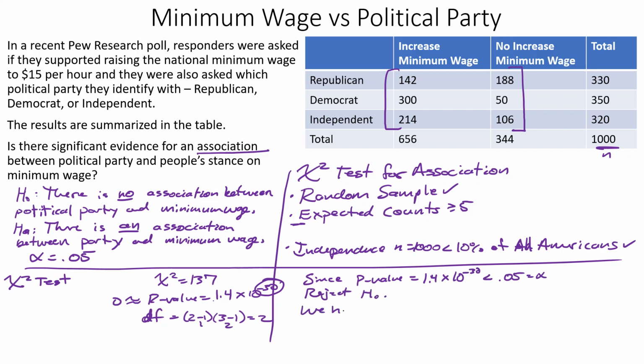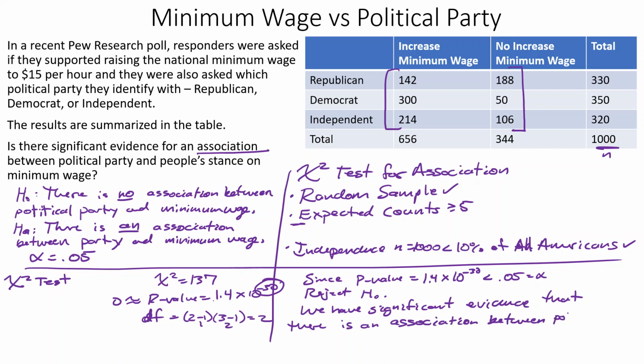That means we have significant evidence, very significant evidence, that there is an association between political party and beliefs on minimum wage.